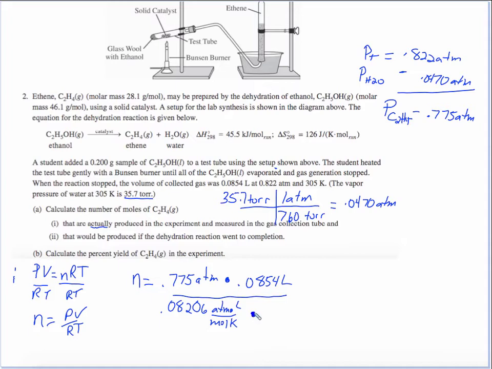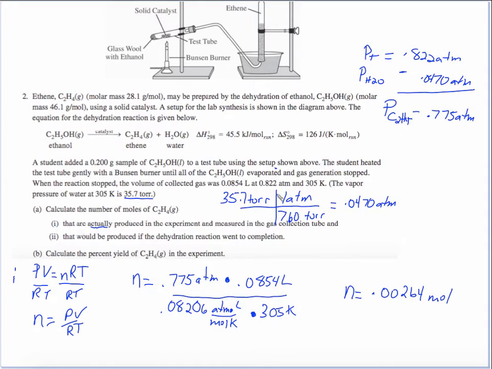That's just the unit. And times T, which is 305 Kelvin. If you do all that math, you would get that n is equal to 0.00264 moles, to 3 significant figures.